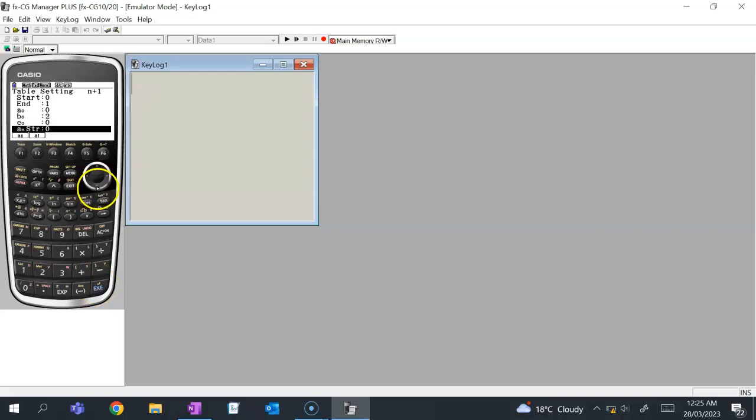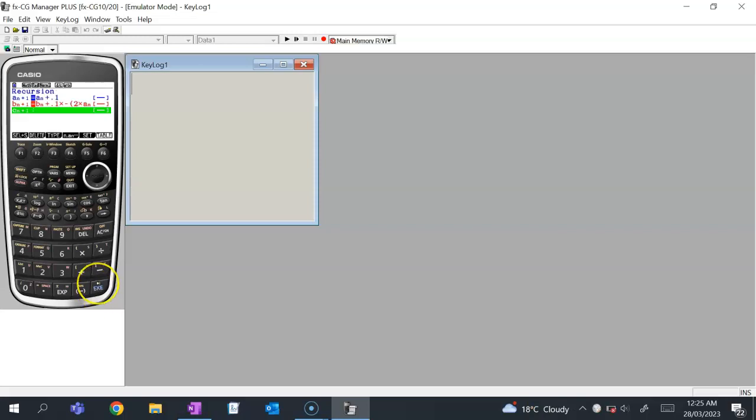Okay. So where it says end, that's not the x value, that's the number of steps. So we're saying we need it done for 5 steps to take us from 0 to 0.5.